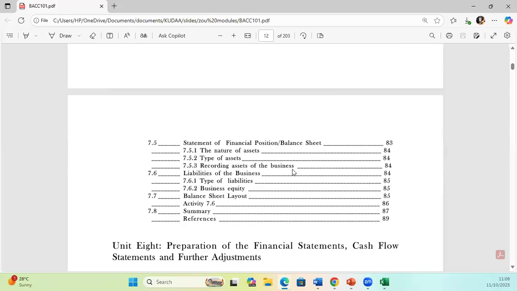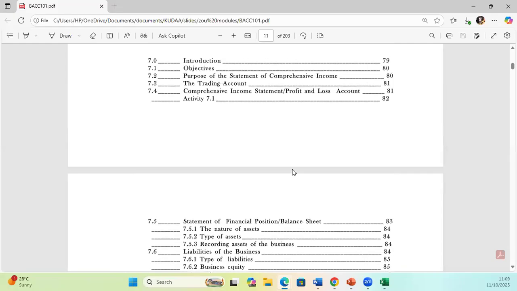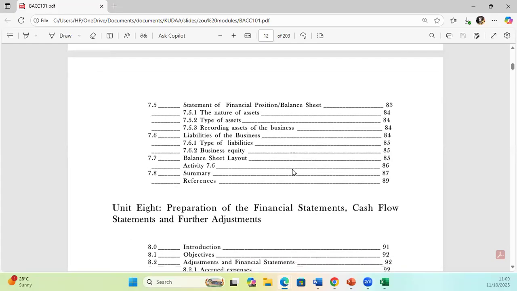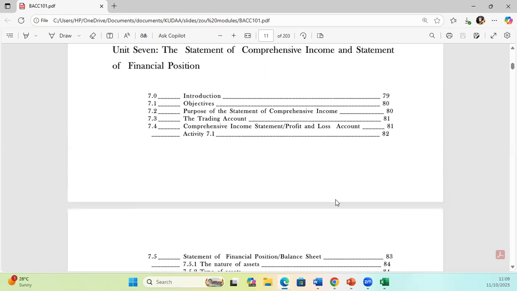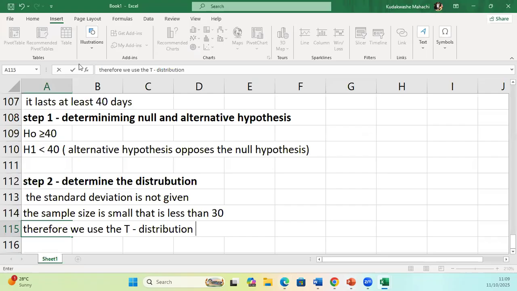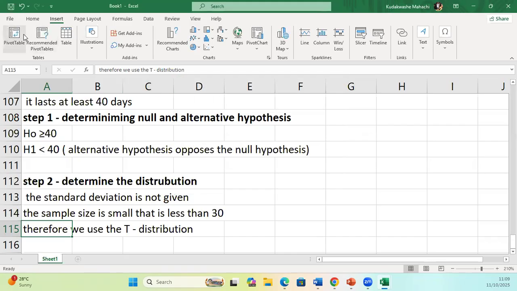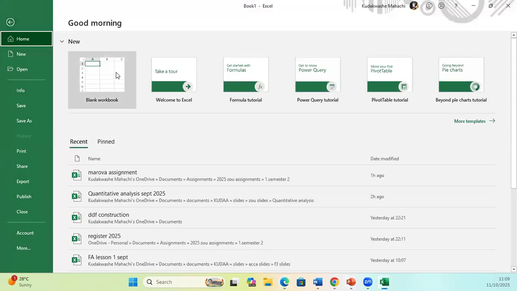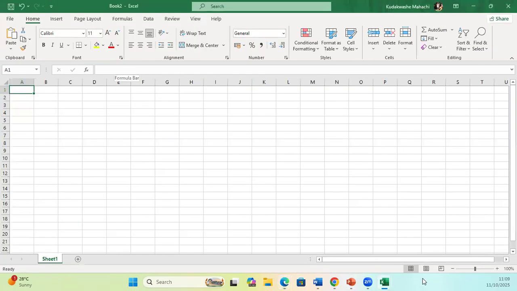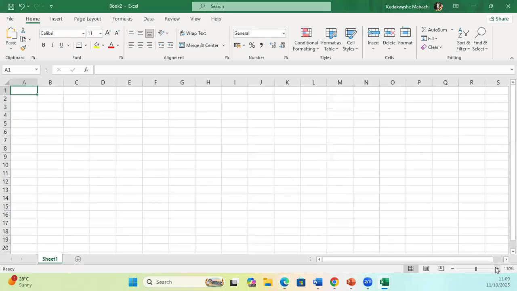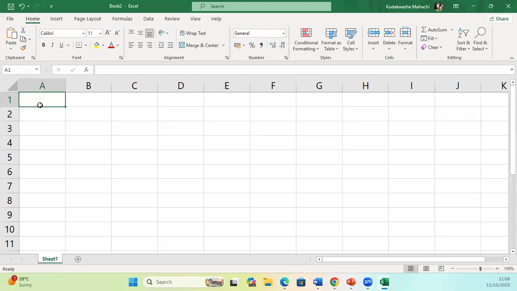On the basic financial statements, we have the income statement and the statement of financial position. So let's go to our Excel.